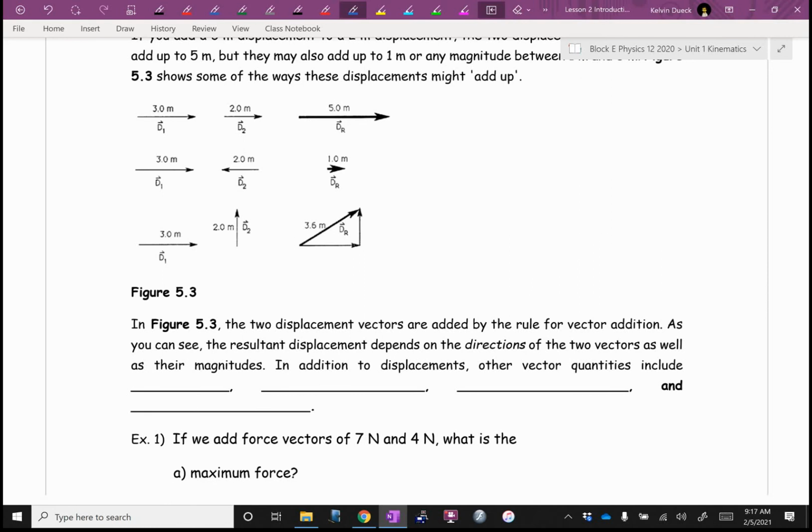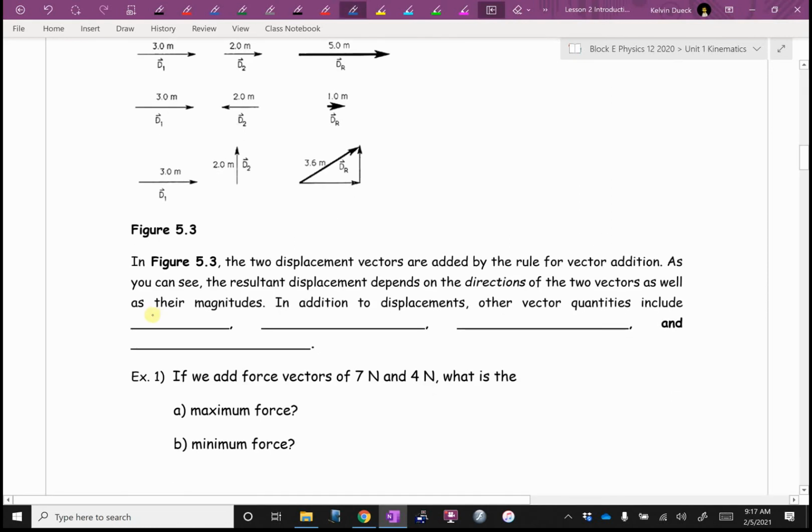In addition to displacements, other vector quantities: force, velocity, acceleration, although often we just found the magnitude, especially if there was more than one mass, because they were moving in different directions.